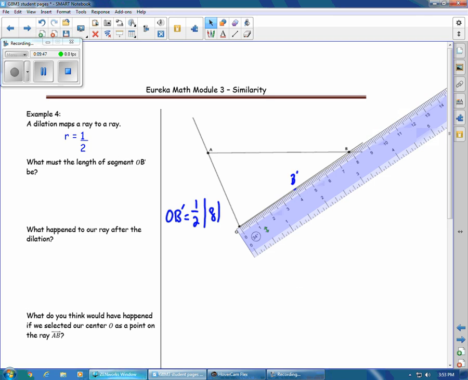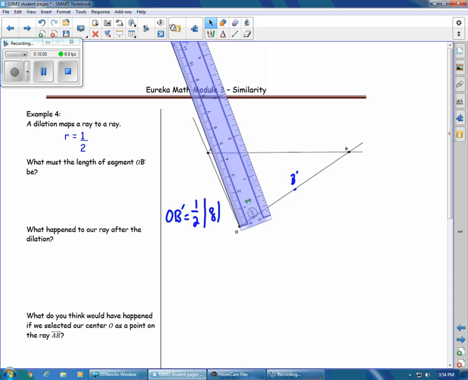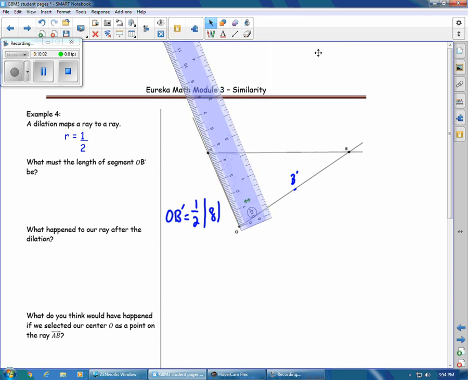I'm going to move my ruler. Come on. And check OA, sorry. So OA prime is going to be, again, our scale factor, 1/2 times the original length of OA, which it looks like it's going to be about 4.8.